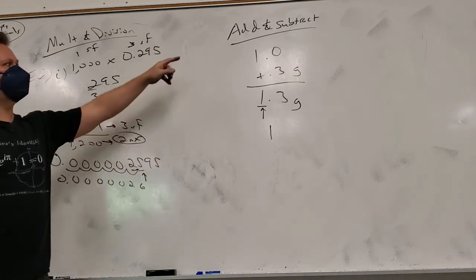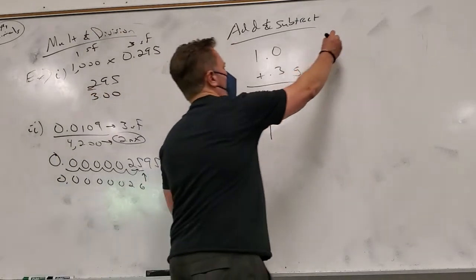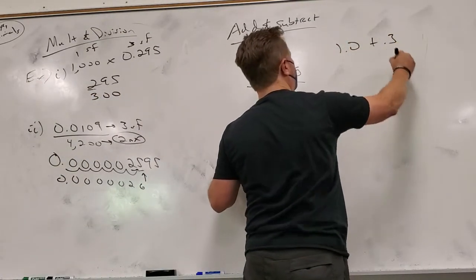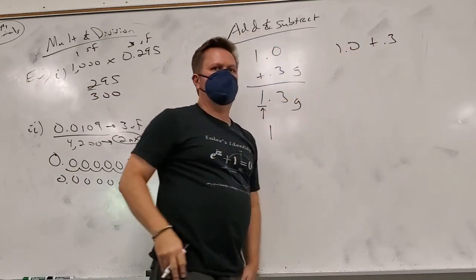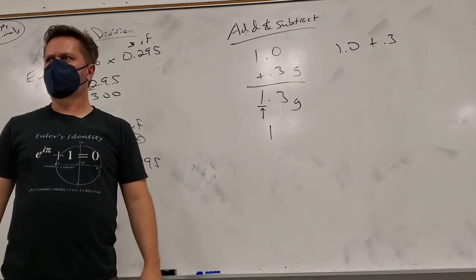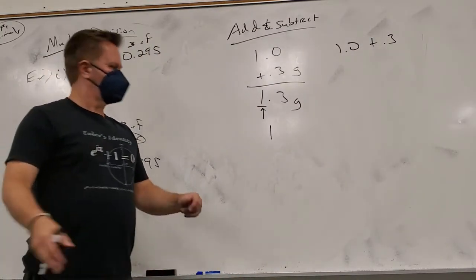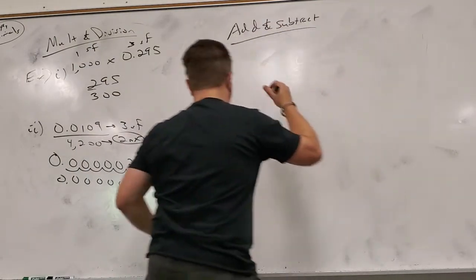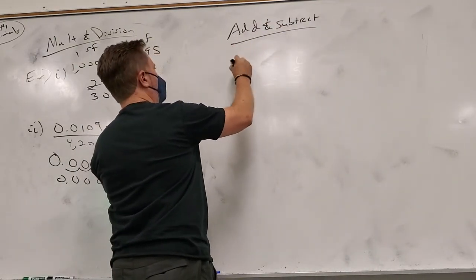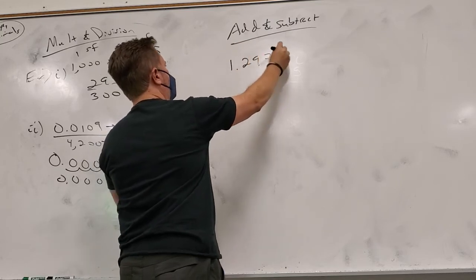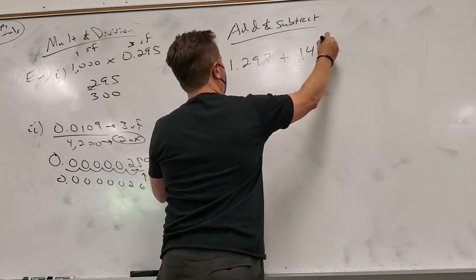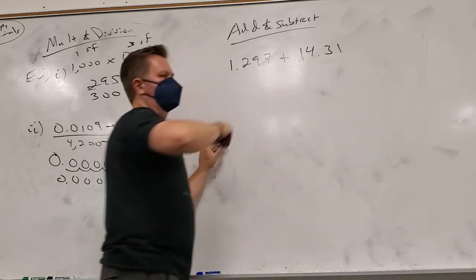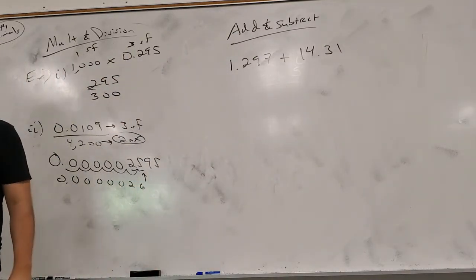In fact, how did I line this problem up? If I had 1.0 plus 0.3, how do I line that problem up correctly? If I told you to add 1.297 to 14.31, if you had to do that by hand, how would you line it up?